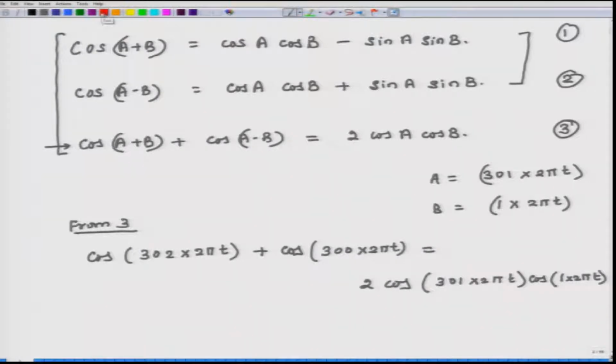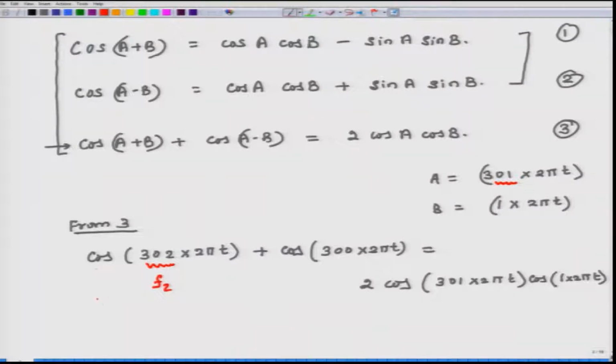Now, what is 302? 302 was the frequency of the second tone, f2, which we played, right. If I multiply by 2 pi, that is the angular frequency, omega 2, and because it was a sinusoidal function, it is 2 pi f2 times t.